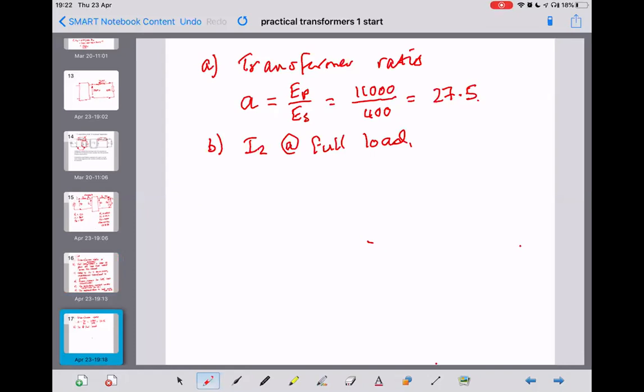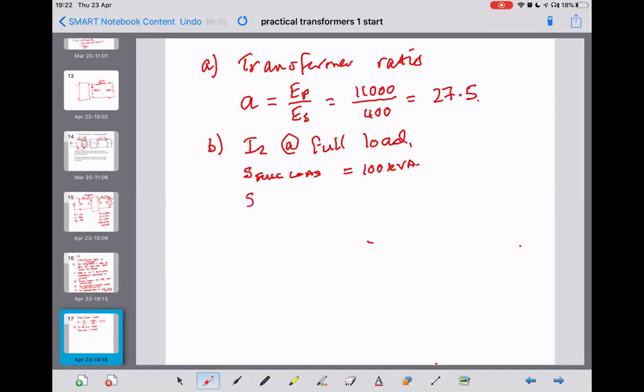Bearing in mind, if we had the value of the load, that would be easy because we've got the voltage. We've got no ohmic value for the load impedance at this stage. But we do know S full load because that's the rating of the transformer. There's 100 kVA.